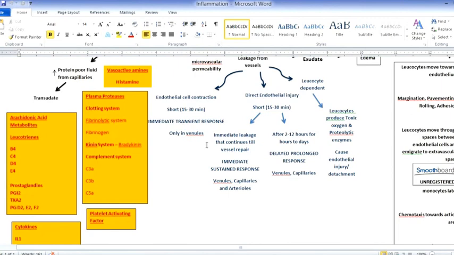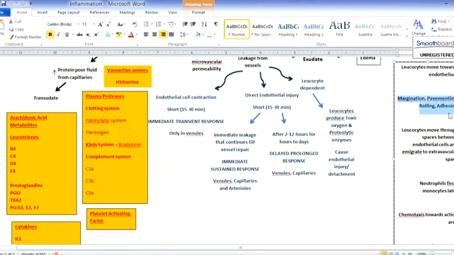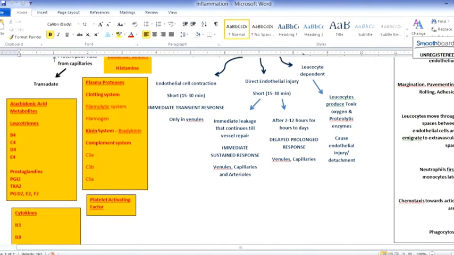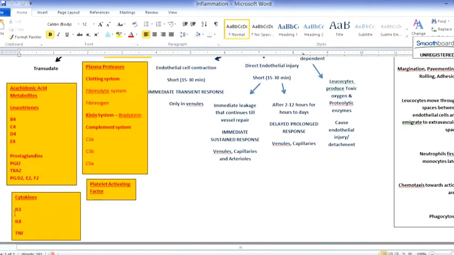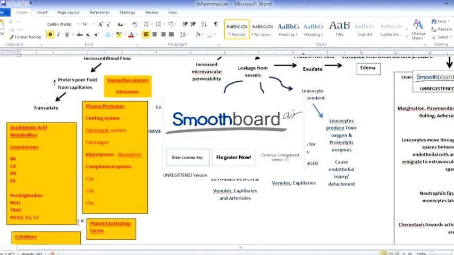Before leukotrienes, let's talk about prostaglandins. Prostaglandin D2, E2, F2 and thromboxane A2 are important. These cause vasoconstriction importantly. Prostaglandins may also cause fluid accumulation and edema.